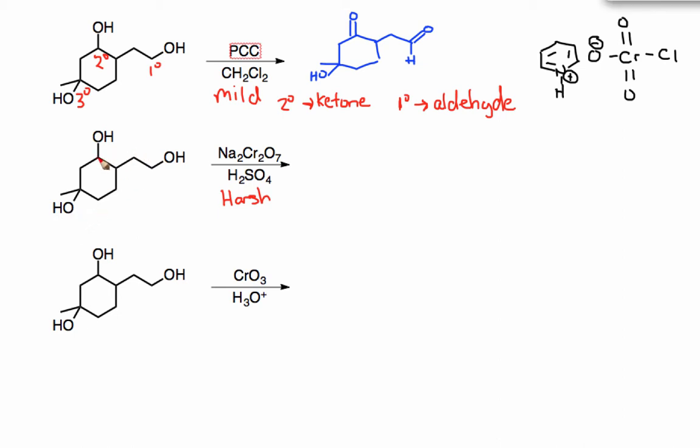And like the above reaction, it's going to turn our secondary alcohol into a ketone. But now, with this primary alcohol, in the first step, we'll get an aldehyde like before, but then this will continue to be oxidized to give a carboxylic acid. So let's take a look at the product for that.